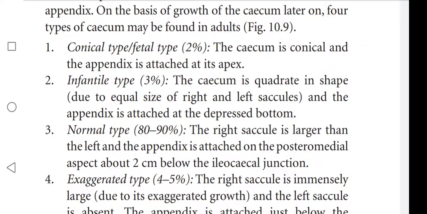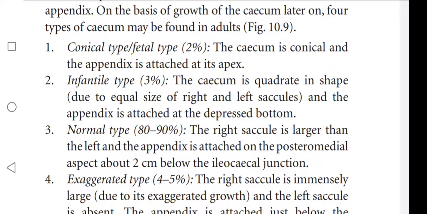Next, infantile type, I already told you it is 3%. The cecum is quadrate in shape. Quadrate means it has 4 sides, due to equal size of right and left saccules, and the appendix is attached at the depressed bottom.